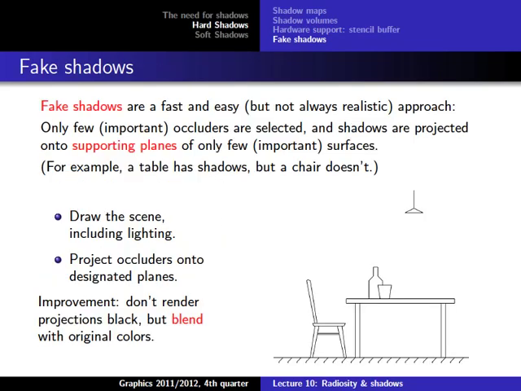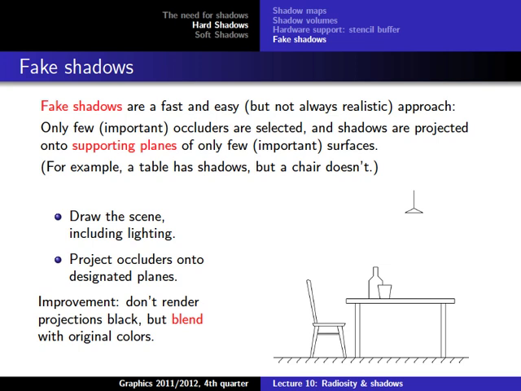Good. So the third approach we're going to talk about is so-called fake shadows, and the name already suggests that this is really a heuristic or a hack, or a trick, depending on how you want to call it.